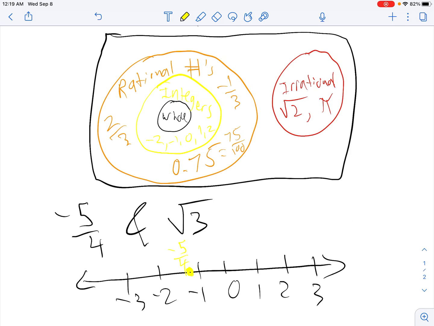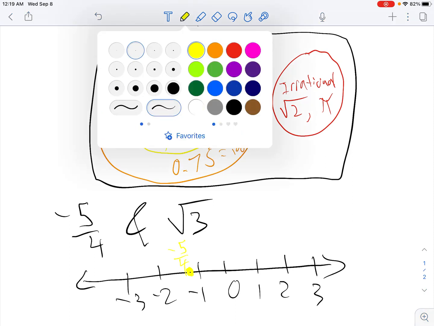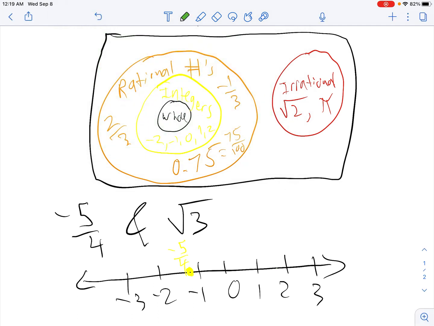And then the square root of 3, if I use my calculator, the square root of 3 is approximately, let's say, about 1.7. So I'm going to put that right here. Call this the square root of 3. So again, that's a skill that we need to have. I was able to convert that fraction into a decimal, which helped me.